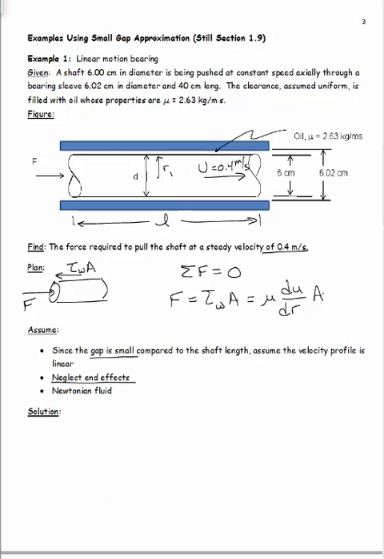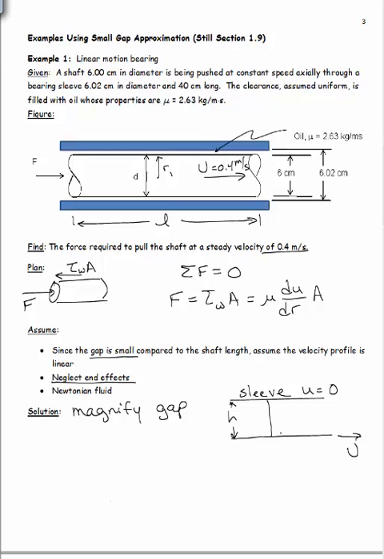All right, so first thing, let's go ahead and magnify that gap. And if we do that, what we're going to see is we have the sleeve here, and it's stationary. And down here we have that shaft that's moving at U, big U, and this is our H. In between, what we have, with the small gap approximation, is a linear velocity profile. It's supposed to be a straight line. Okay.